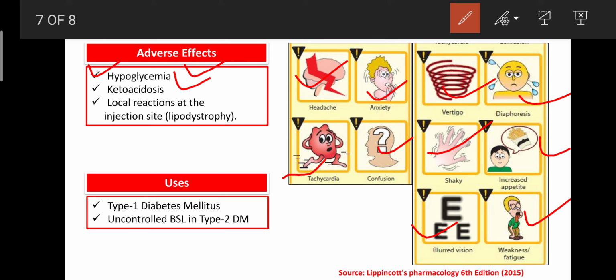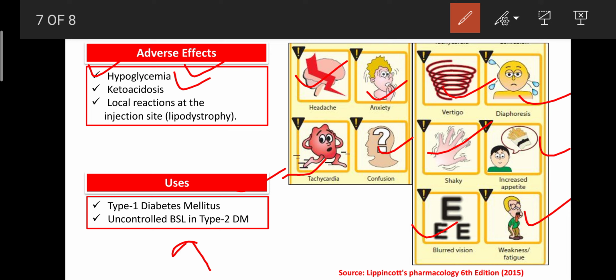Regarding the uses, insulin is mainly used for the treatment of type 1 diabetes mellitus, as well as to control uncontrolled sugar level in type 2 diabetes mellitus. Commonly it is used in the treatment of type 1, that is, insulin dependent diabetes mellitus.